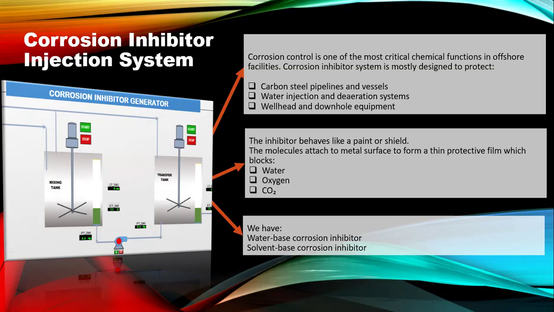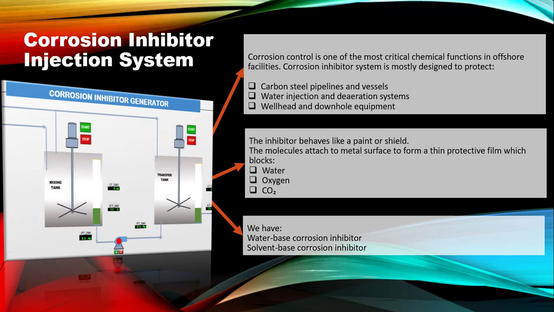So let's take, for example, you want to mix your corrosion inhibitor and your water. Let's say 20 liters of corrosion inhibitor, and I want to mix it with water. 7% of 20 liters should be around 1.3, that's about 1.4 liters.